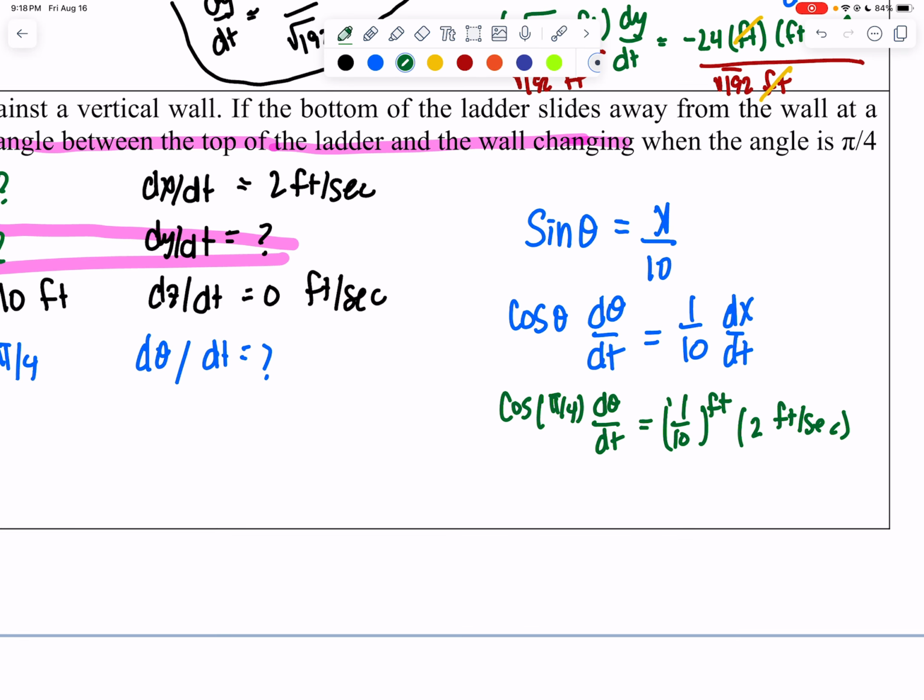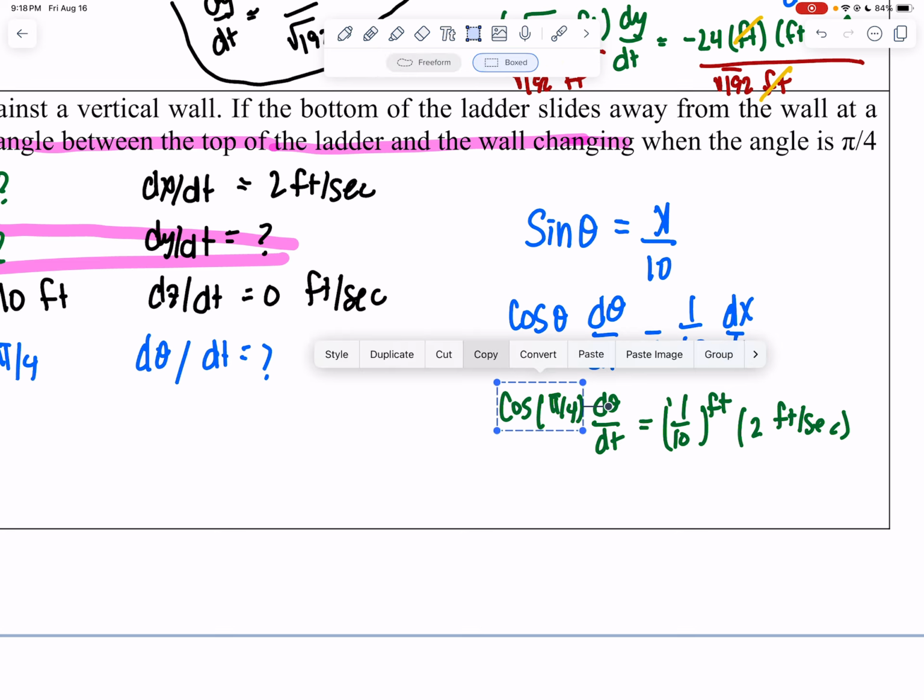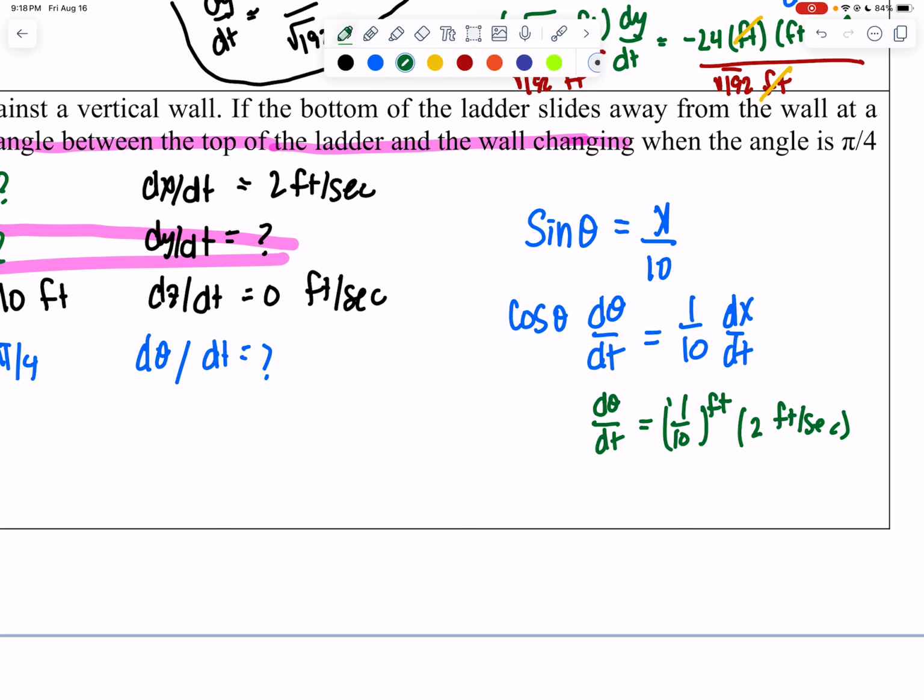All right, so what we want to do now is get rid of cosine pi over 4, because we know that that's just going to be root 2 over 2. Now remember that root 2 over 2 is a radian.